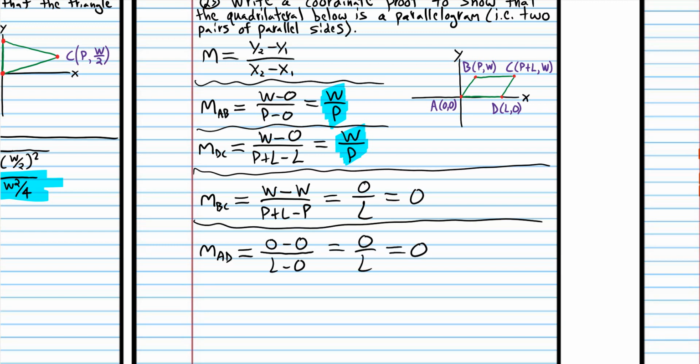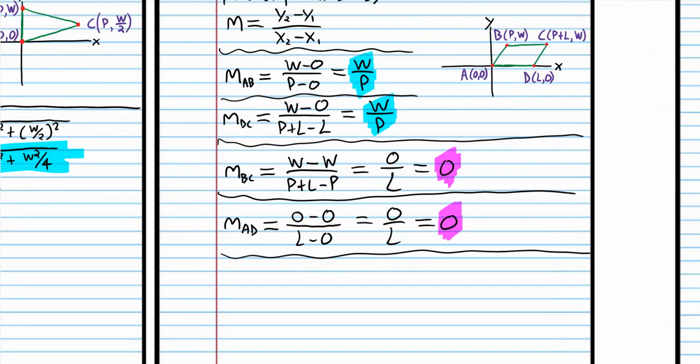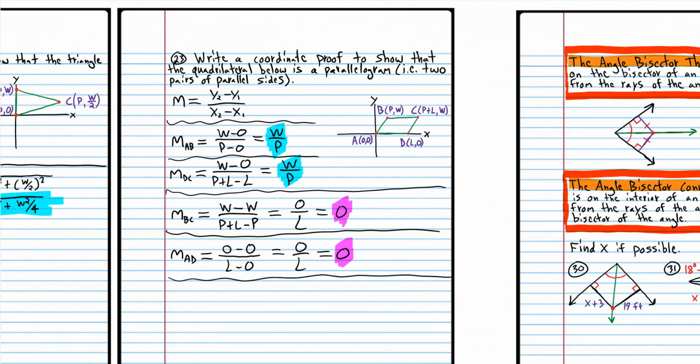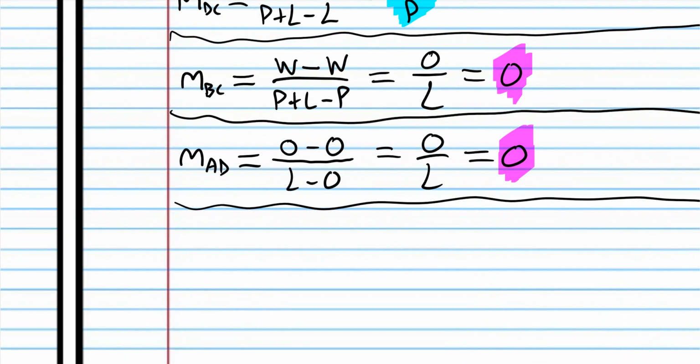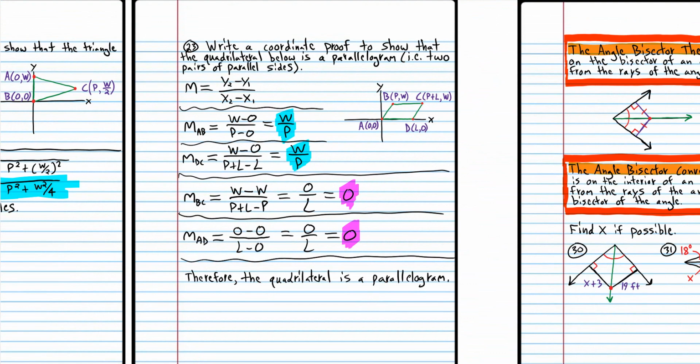So those slopes are the same, which proves that those two sides, side BC and AD, are parallel to each other. So we showed in this quadrilateral that there are two pairs of parallel sides. So we can say, therefore, the quadrilateral is a parallelogram. So if you got those answers, good job.